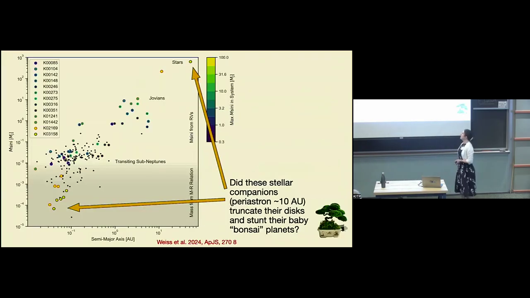So if we look at the planets from the Kepler giant planet search on a mass semi-major axis diagram, we can begin to decipher some of those patterns. So one thing I'd like to emphasize is this graph spans 7 orders of magnitude in planet mass and 4 orders of magnitude in semi-major axis.